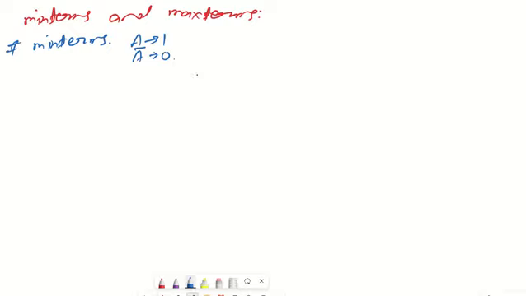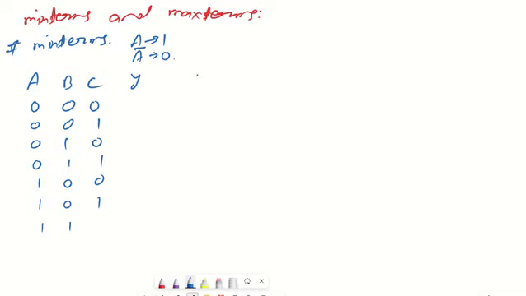Let me give you an expression. Let's say we have a three variable expression A, B, C, and we have some output Y. It can have 8 possibilities: 000, 001, 010, 011, 100, 101, 110, 111.